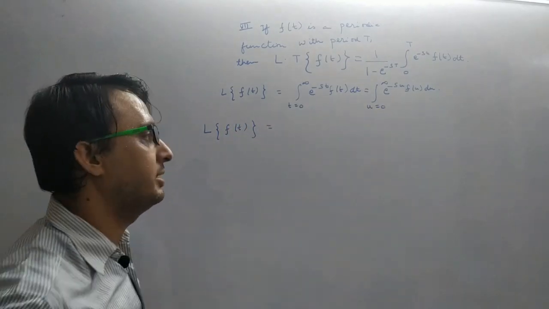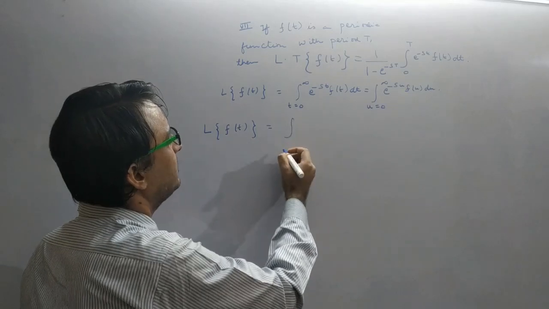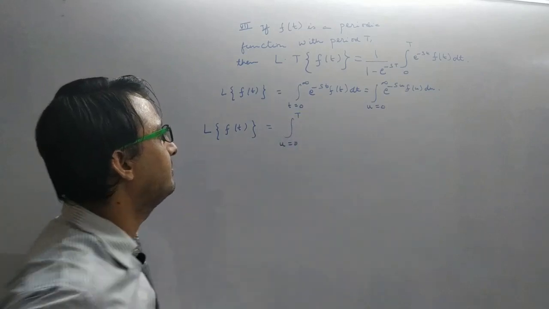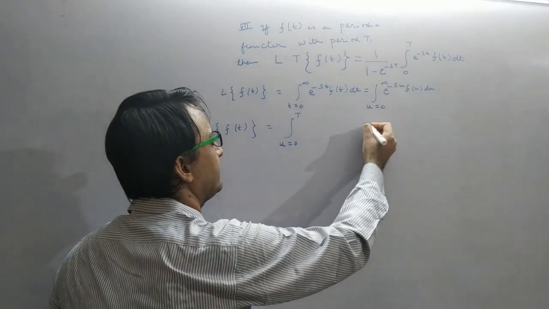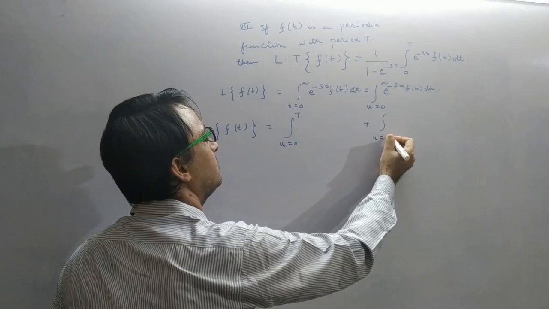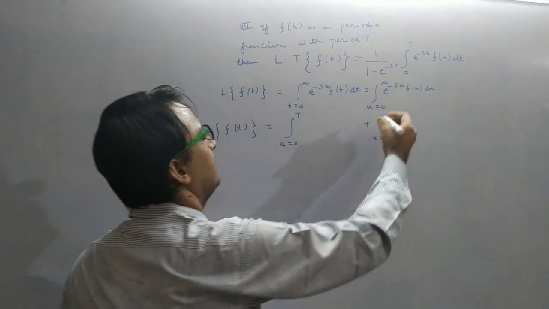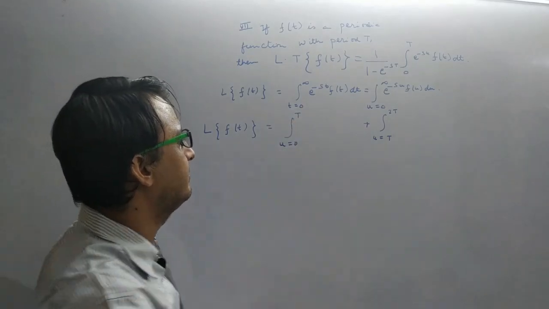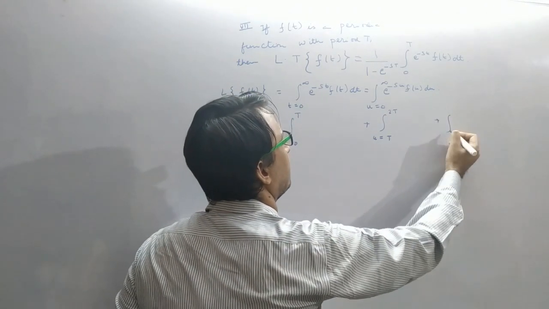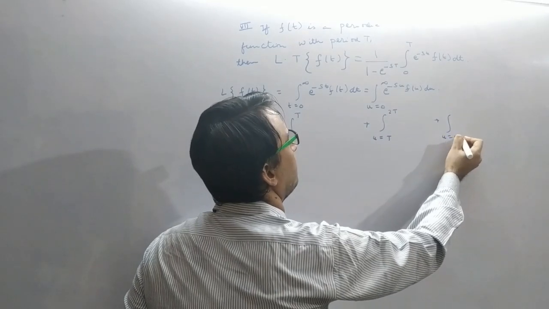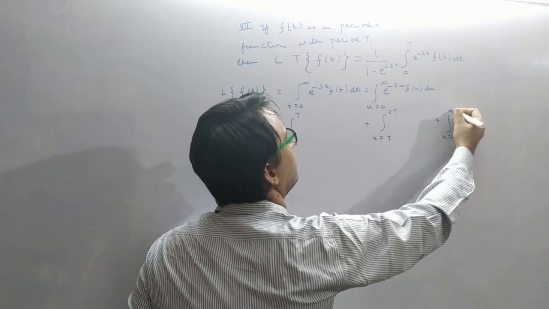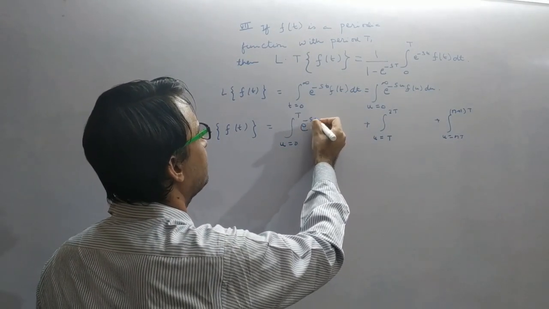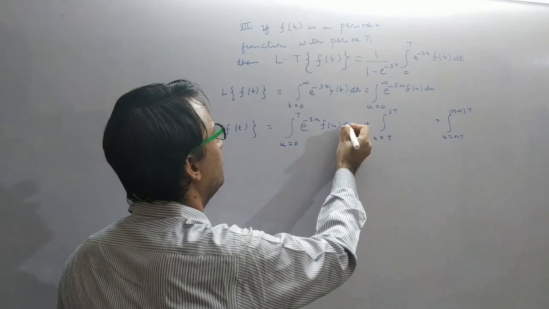Now we are going to write it like this. We can say that u is equal to 0 to T, plus u is equal to T to 2T, because we are breaking it into the periods, plus till u is equal to nT to (n plus 1)T, and we will put the integrand now, e to the power minus su f(u) du.